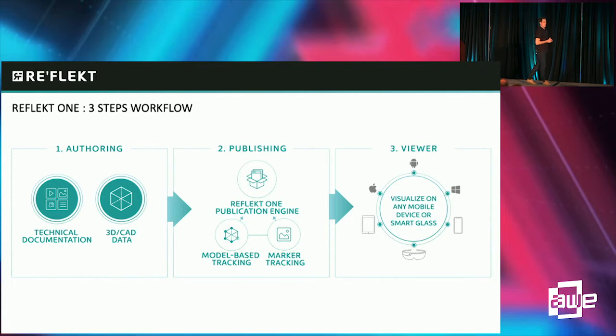Upload your technical documentation or write on the fly inside the tool, and simply click publish. Our publication engine will convert your data and automatically create an augmented reality version of it that you can visualize by downloading it on a mobile viewer. Phones, tablets, HoloLens, iOS, Android, Windows, we make sure that your content can be deployed on any kind of platform.